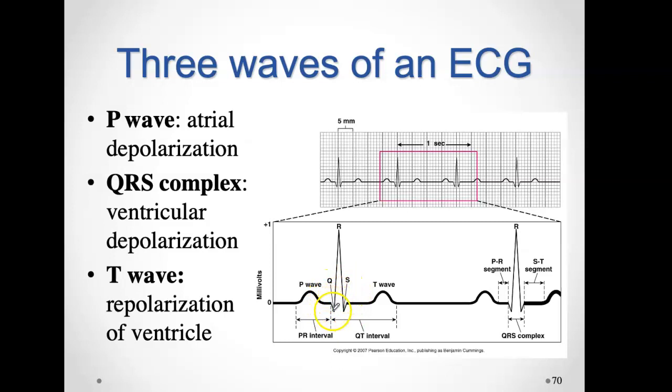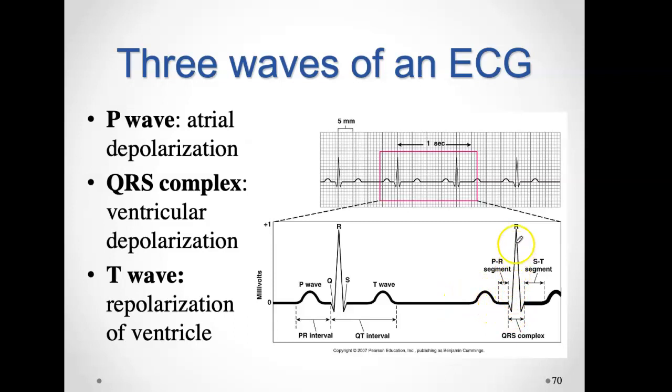And because it has both down and up and down again, we're going to call it a complex, because more than one thing is happening. So that's the QRS complex. And then this last blip here is the T wave. Okay, so those are really good names for it, things that are easy to remember. P, QRS, and T. And then nothing's going to happen for a while, and then we start again.